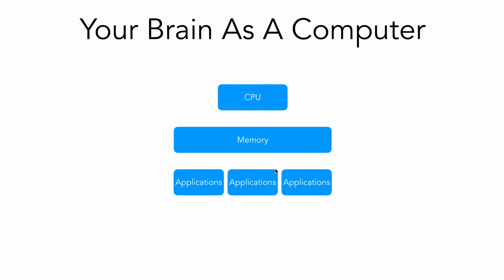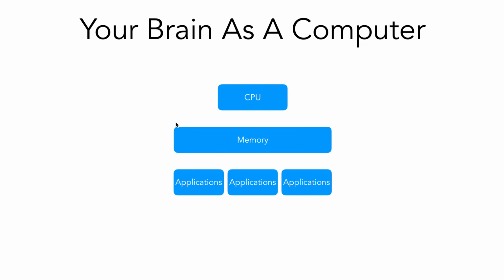That's how a computer works. And when I got a new computer with more memory, well, then I had more speed to run all these applications. Now our brain isn't like a computer in the sense that you can just go and buy some more memory, right? You have a fixed set of memory.